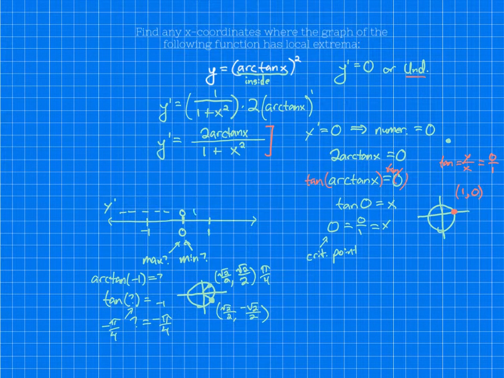And because pi/4 is a positive number, I know that y prime will be positive. So that means that this critical point, x equals 0, is actually a minimum, because y prime goes from negative to positive. Good reason.